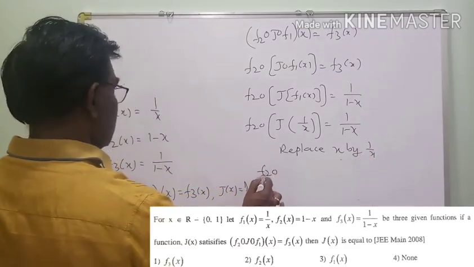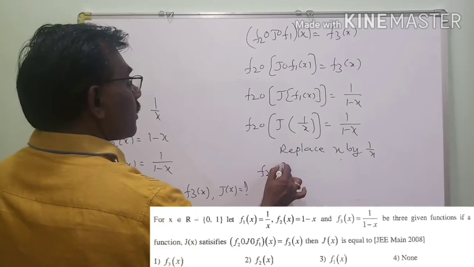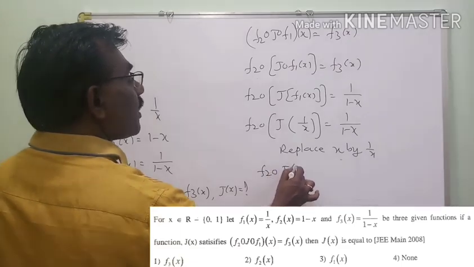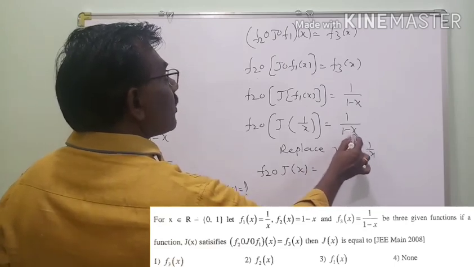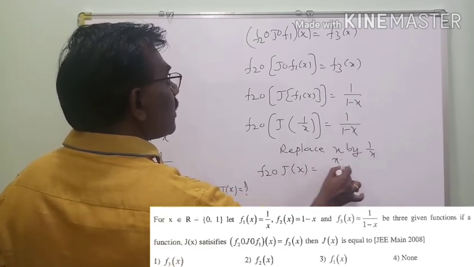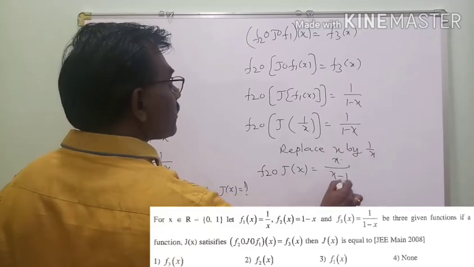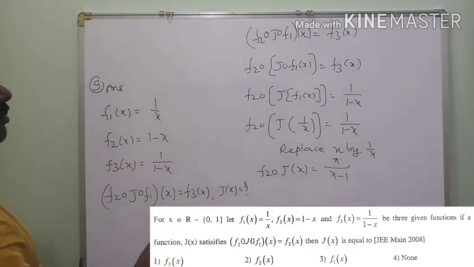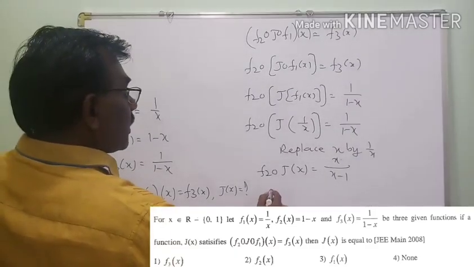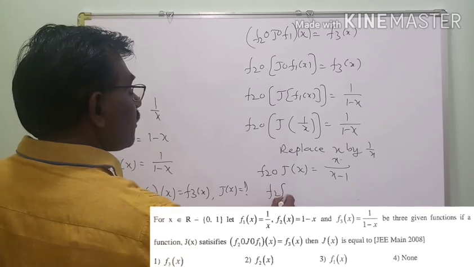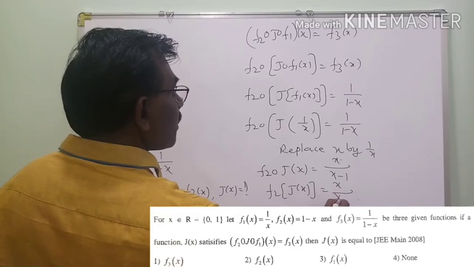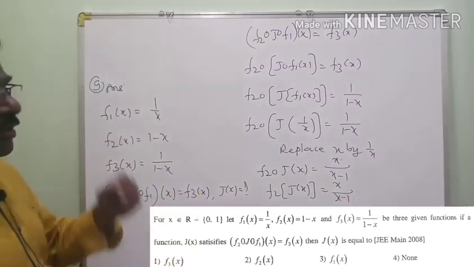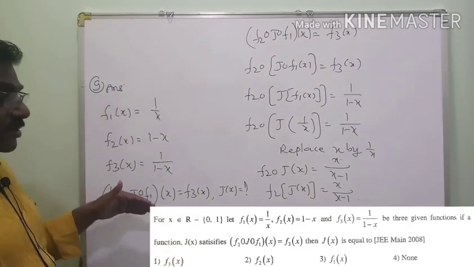f2 composition j of x. This is replacing x by 1 by x, so x divided by x minus 1. So again composition function f2 of j of x, x by x minus 1. Question, there are given three functions.